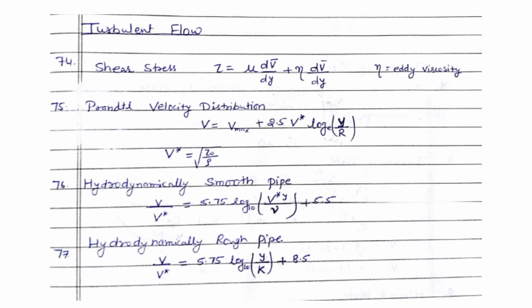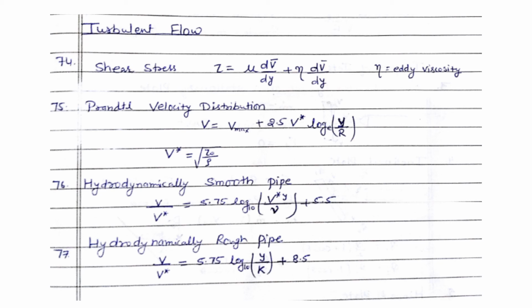So Prandtl gave a theory that is known as Prandtl mixing length theory, and according to that we determine the Prandtl velocity distribution, that is V = Vmax + 2.5 V* ln(y/R). In this, V* is the shear velocity and can be denoted as √(τ0/ρ), where τ0 is the wall shear stress.